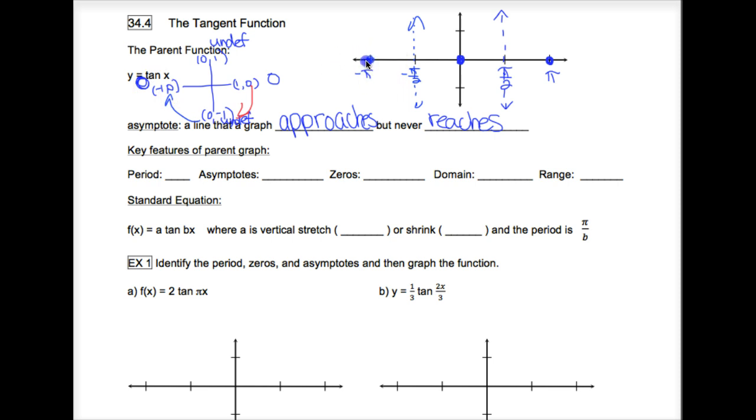So the first pattern that you have to know for a tangent graph is we're going to call these points inflection points. That means a point where a graph changes direction. So inflection point, asymptote, inflection point is the first pattern that you have to know.